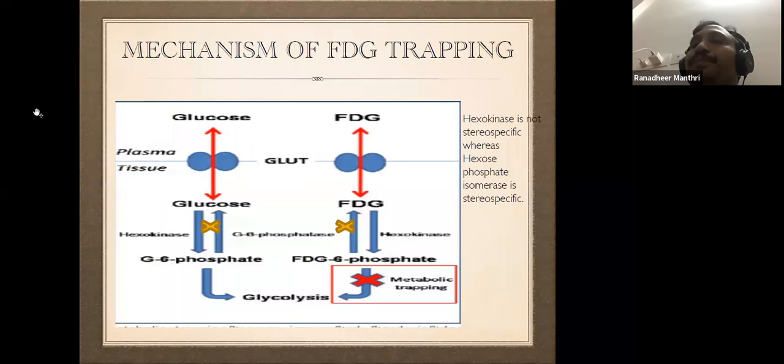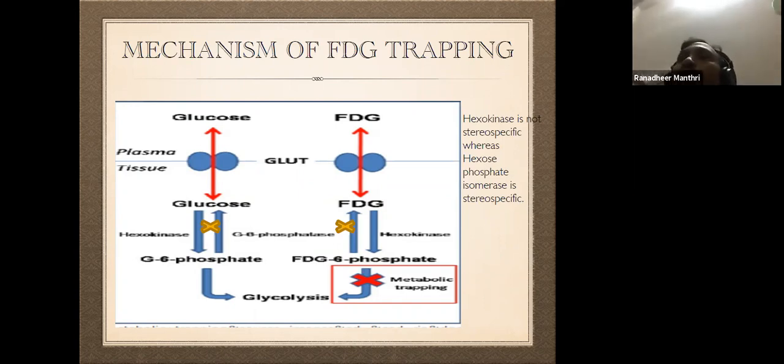So how come glucose converts into pyruvate, whereas FDG cannot convert into pyruvate? The simple reason is that glucose is converted into glucose 6-phosphate by the enzyme hexokinase. Glucose 6-phosphate converts into fructose 6-phosphate and enters the glycolytic pathway. The enzyme needed for this conversion is hexose phosphate isomerase, which is stereospecific.